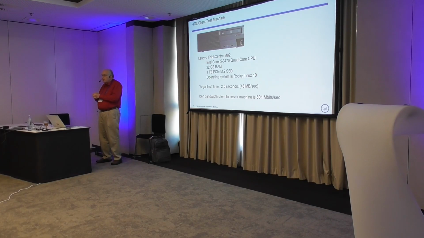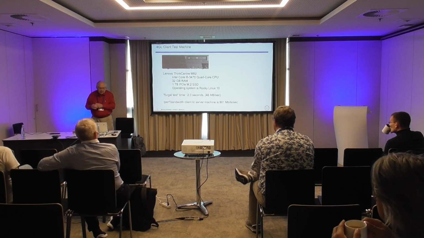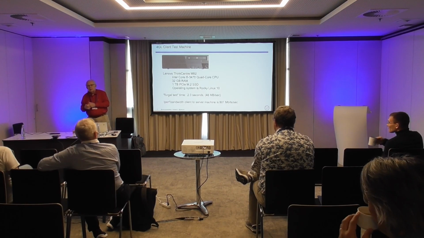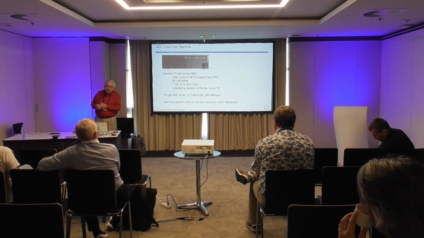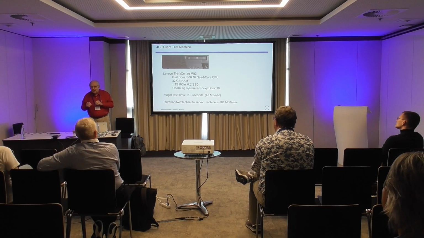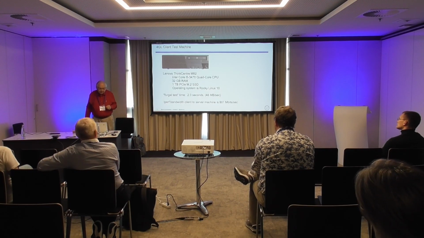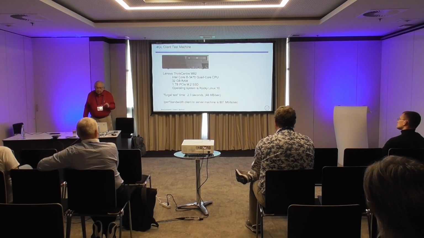The Fergal test time on the server machine is about 0.4 seconds, which is really good. The Fergal test time on this machine is 2 seconds, which is barely acceptable. But because this is the client machine, it doesn't matter, because we're not writing to disk. Also, the bandwidth between the client and the server is 801 megabits per second.